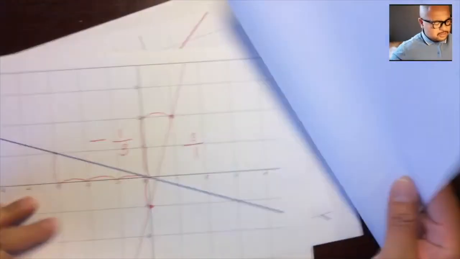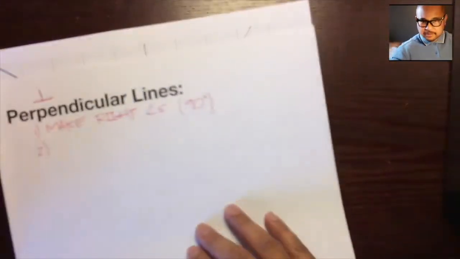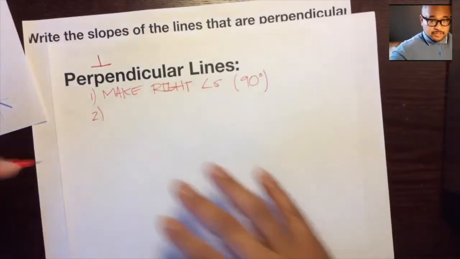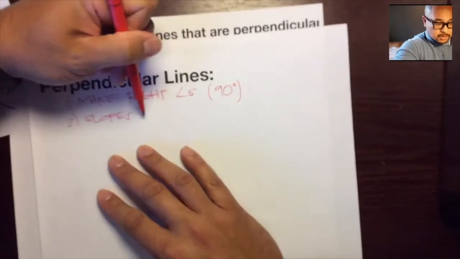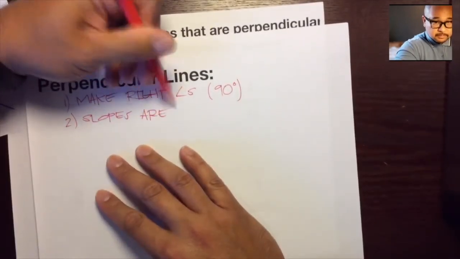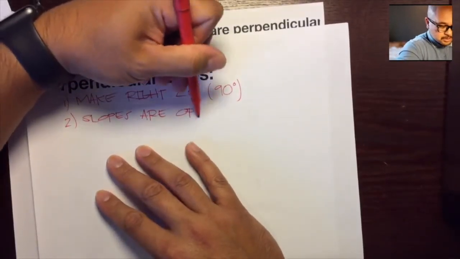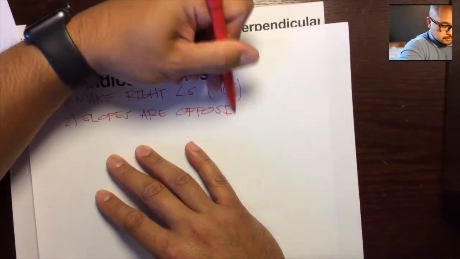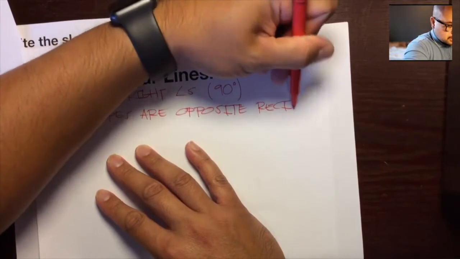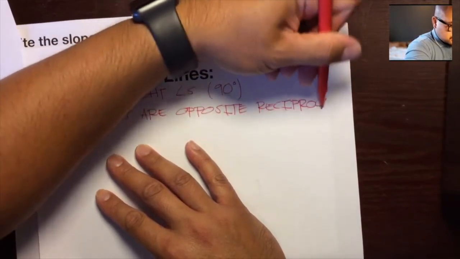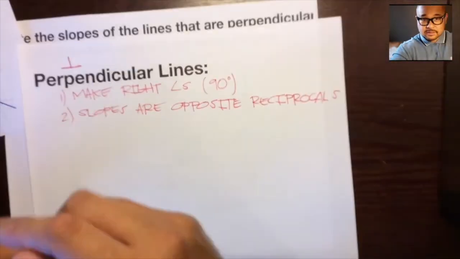I told you at the beginning, 2 facts about perpendicular lines. Slopes are opposite reciprocals.